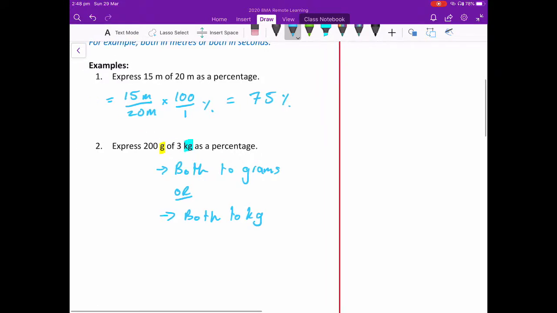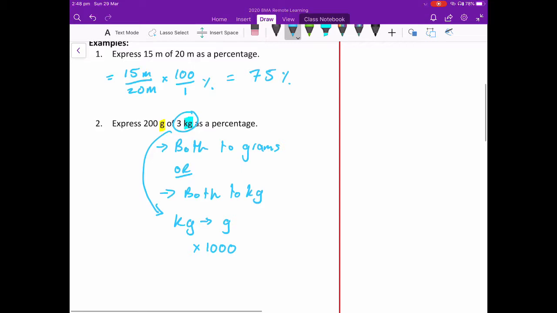Now, you might think that maybe changing the 3 kilograms to grams might be easier. So to go from kilograms to grams, okay, so there's 1,000 grams per kilogram. So I'm actually going to multiply 3 by 1,000.